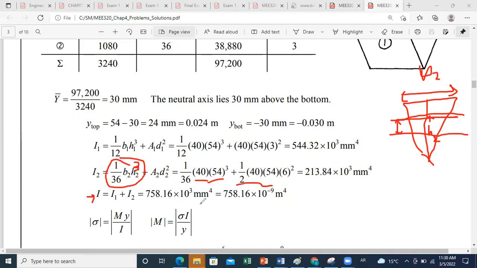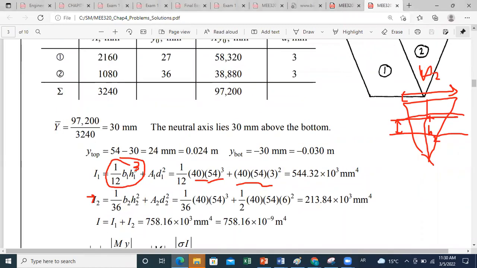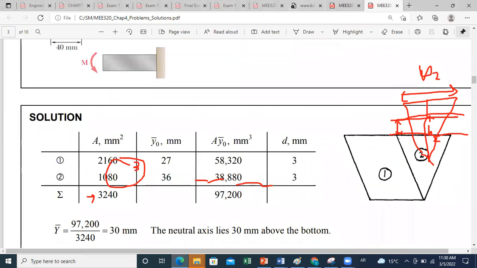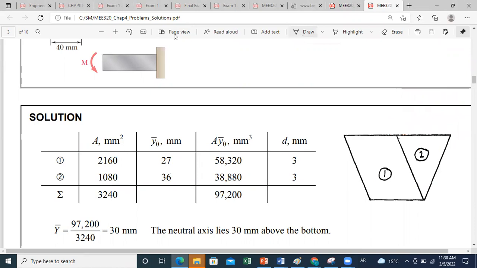Okay. Now, once we have this information, we can also find y top and y bottom because we located the neutral axis. So let us find y top and y bottom in order to find the corresponding relation between sigma maximum and the bending moment. So your neutral axis is at 30 millimeter from the bottom. So this is 30.